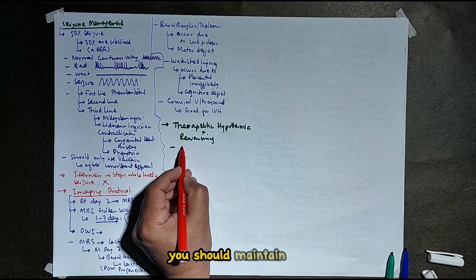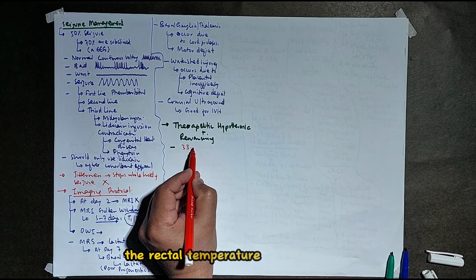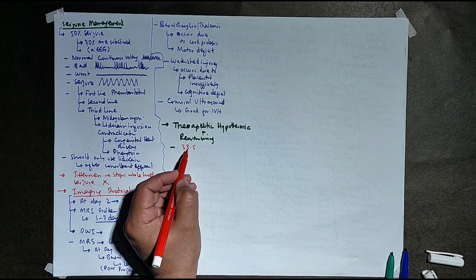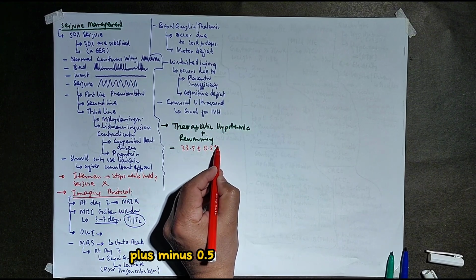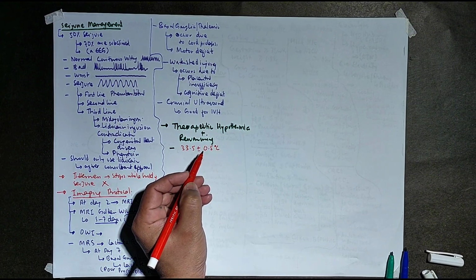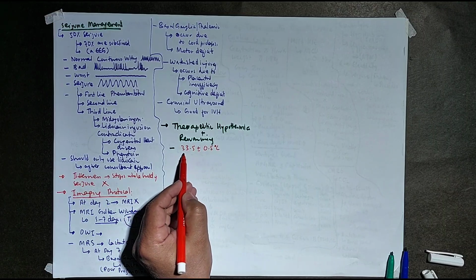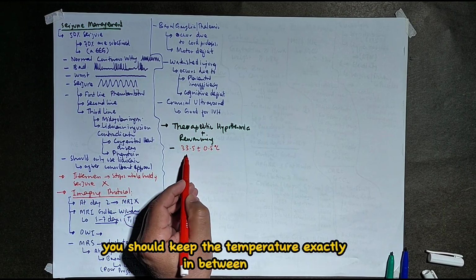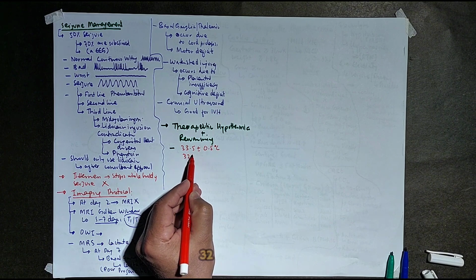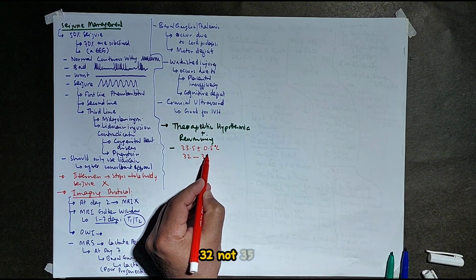You should maintain the rectal temperature in between 33.5 degrees centigrade plus minus 0.5 degrees centigrade. You should keep the temperature exactly in between, not 32, not 35.